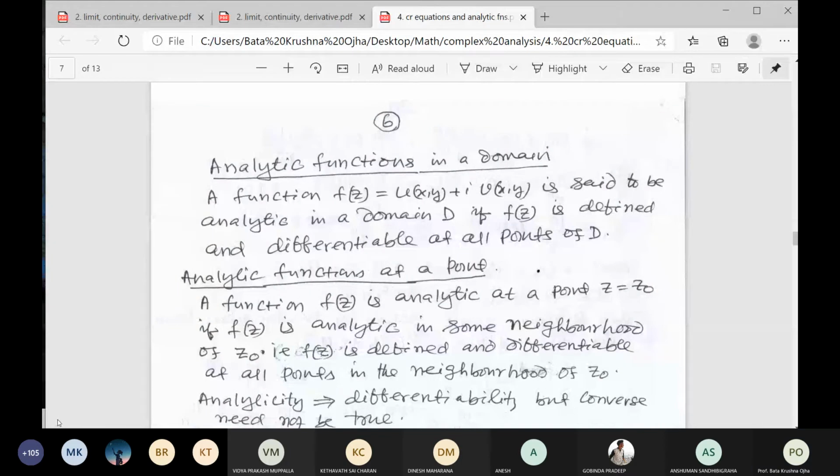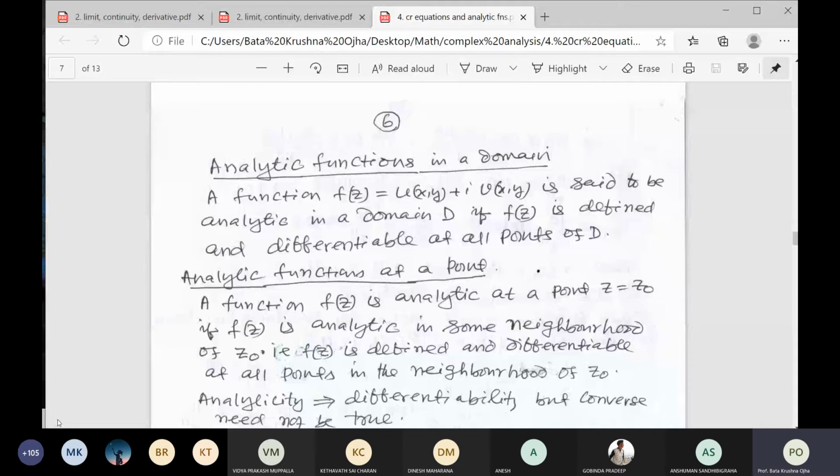Remember, the function is differentiable at z0. Already I have given the formula. That is only at a point, and I solved the questions at the origin. But that is not the same as for analytic functions. The function f of z is analytic at the point z0 if f of z is differentiable at the point z0 itself and also at all points in some neighborhood of z0.